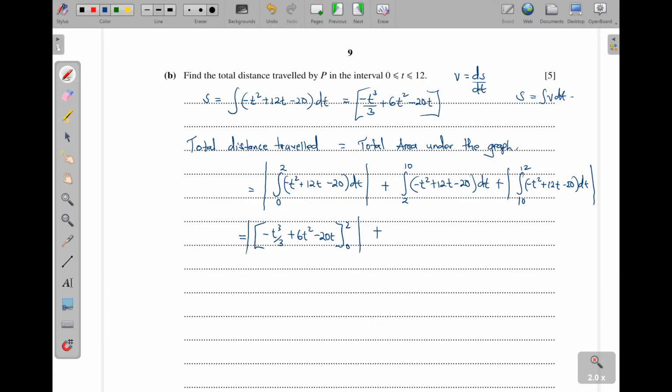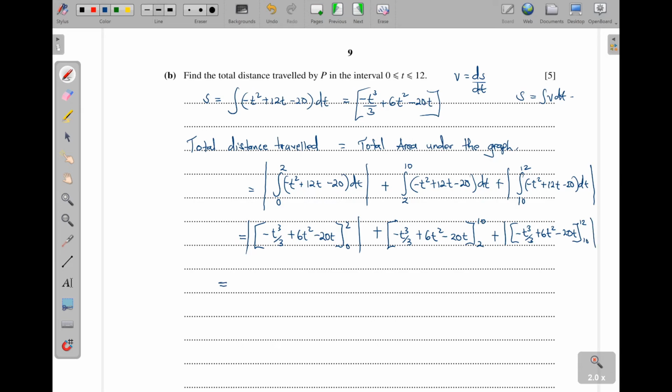Then also here we are going to have negative t cubed over 3 plus 6t squared minus 20t, with 10 and 2 as limits, then plus the modulus of negative t cubed over 3 plus 6t squared minus 20t, with 12 and 10 in the modulus.